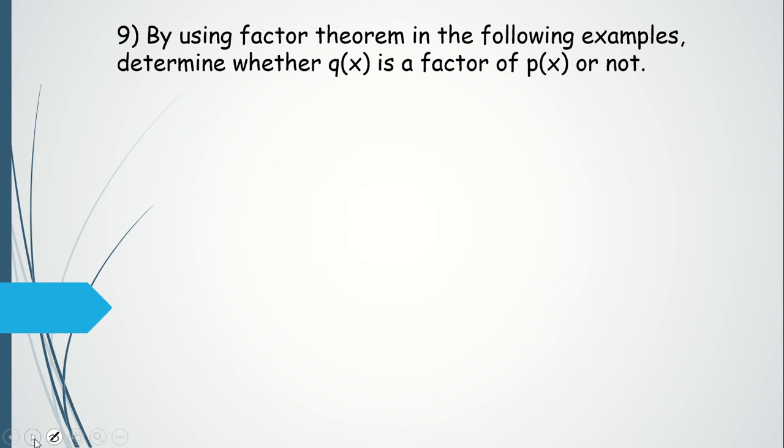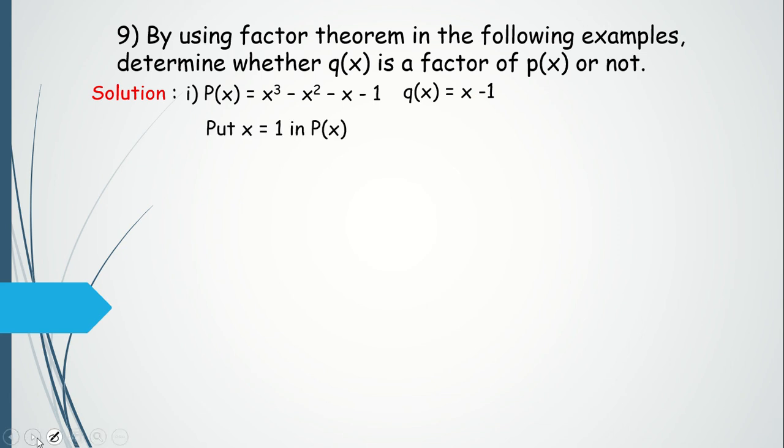By using the factor theorem in the following examples, determine whether q(x) is a factor of p(x). Here p(x) is the dividend and q(x) is the divisor. q(x) is x minus 1. So find out p of 1. Put x is equal to 1 in p(x), so we get p of 1, because the divisor is x minus 1.